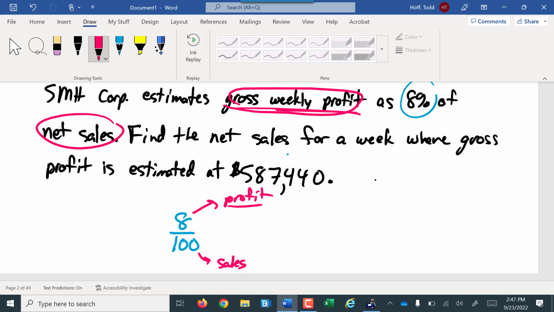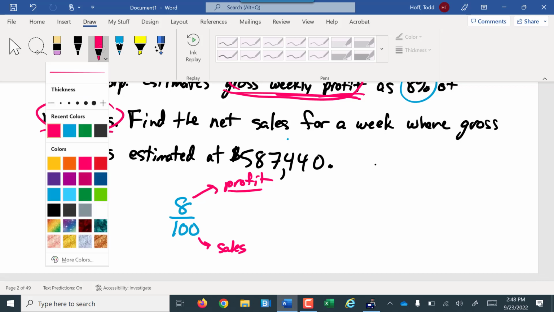Typically, gross is the big number and net's what's left over, but we worded these differently here. Gross profit is your profit after you subtract expenses, but you haven't taken out your overhead, like the rent of your building, electricity and stuff like that yet. Net sales is just your total sales minus any returns.